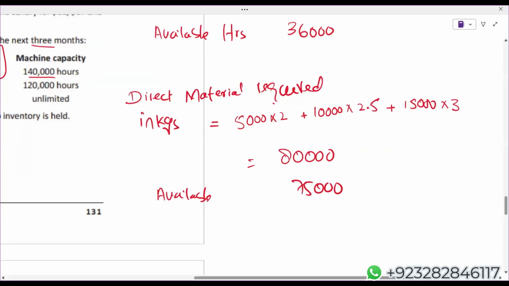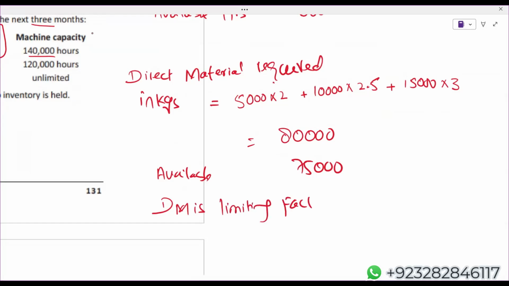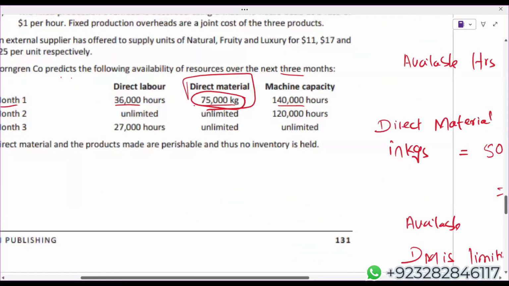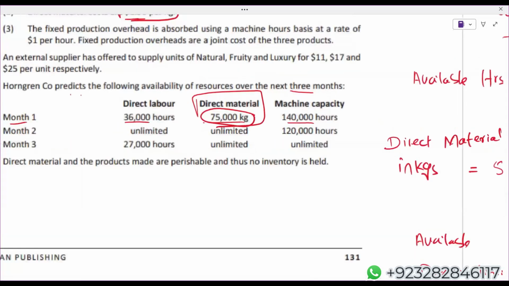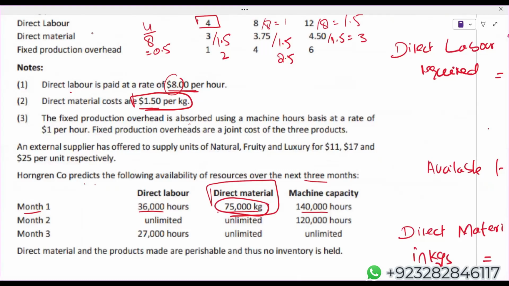So logically, direct material is the limiting factor. Now let's check machine hours as well. Logically, machine hours will not be a limiting factor. It's not a question on linear programming, but there's no harm in checking. The fixed production overhead is absorbed using machine hours at a rate of $1 per hour.